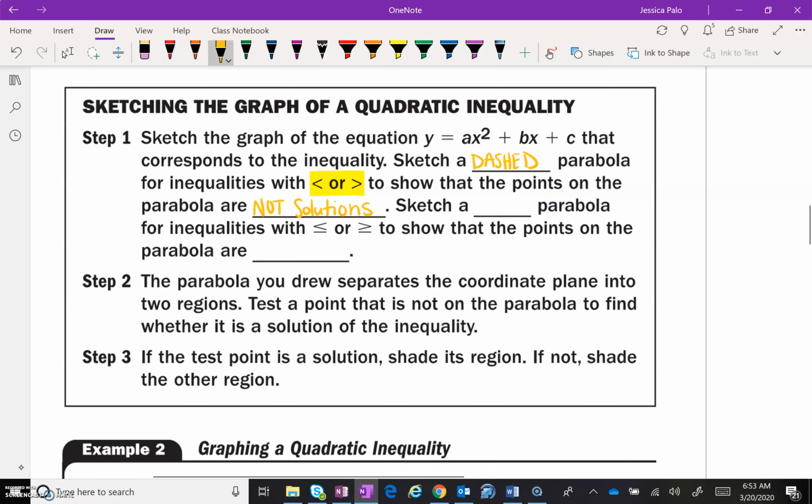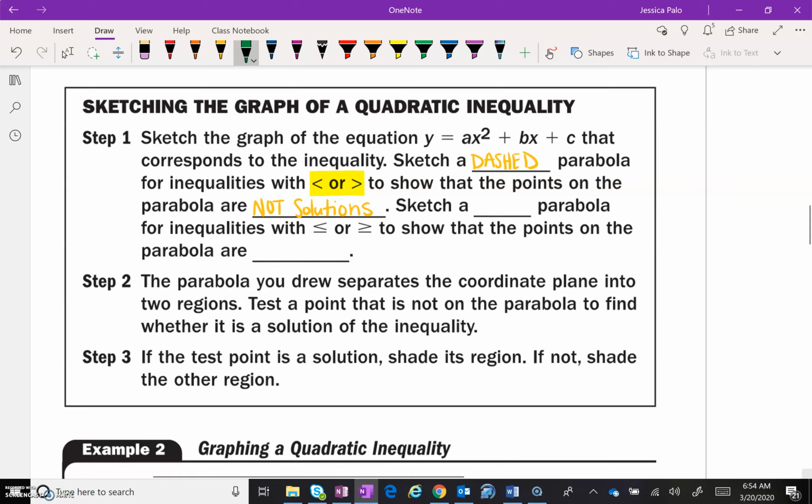Just like an open circle shows that that value is not a solution on the number line, a dashed linear equation shows us that the points on that line are not solutions. And then for the parabola, if the parabola is dashed, any point on the parabola is not a solution.